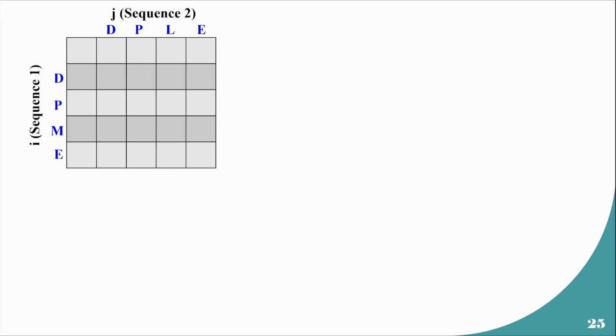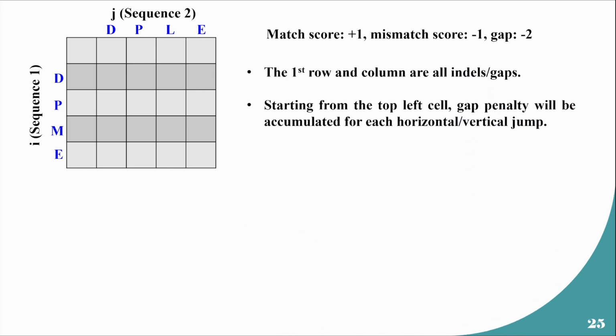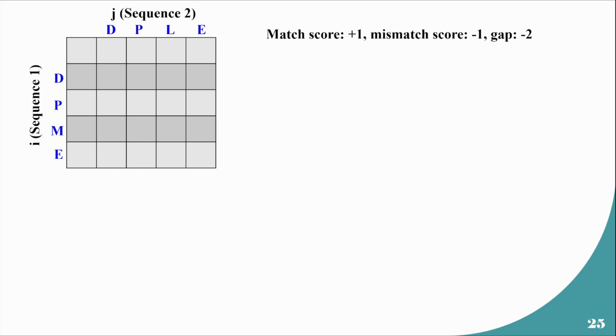And let's say we provide an example for the global alignment procedures. So on the left-hand side, we have sequence 1, which is indicated as I here. On the upper side, we have sequence 2, that is indicated by J here. And for this alignment, we will consider a match score of 1, mismatch score of -1, and then gap score of -2.